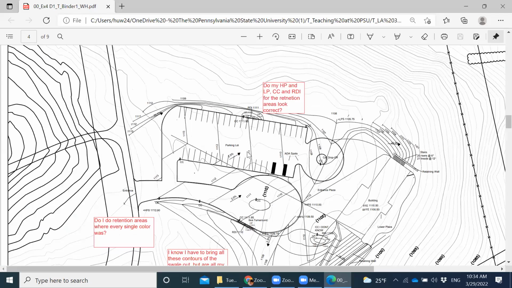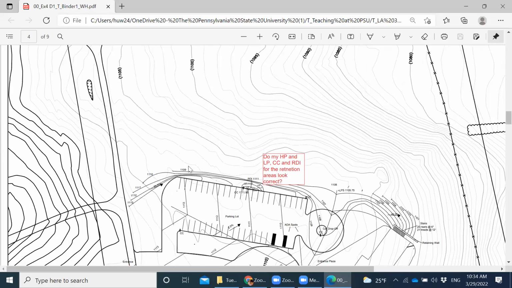Well, first thing I would say is that we need more space over here. We can start to see that all these contours are too close together. So what we need to do, 1101.3 is over here, would be dragging it up here.